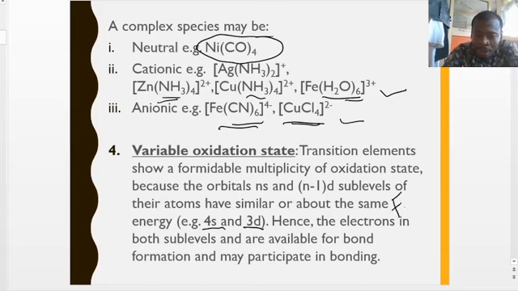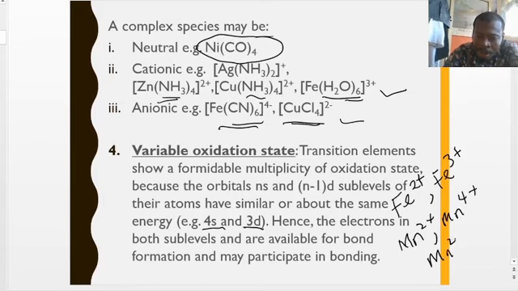For example, Fe can exist as 2+, and you can also see it as Fe3+. We can have manganese existing as 2+, manganese can exist as 4+, manganese can exist as 5+. In fact, it can exist as 7+. You get the point? These transition metals have variable oxidation states, and we want to explain why they have this.